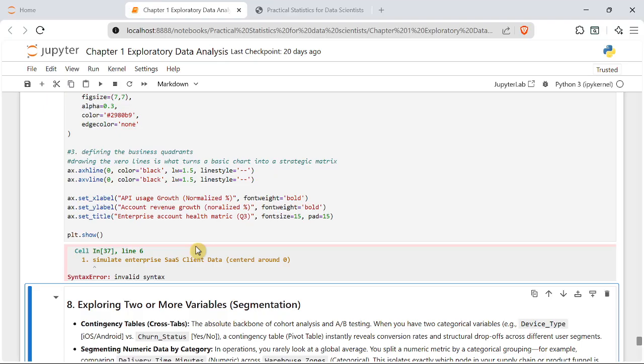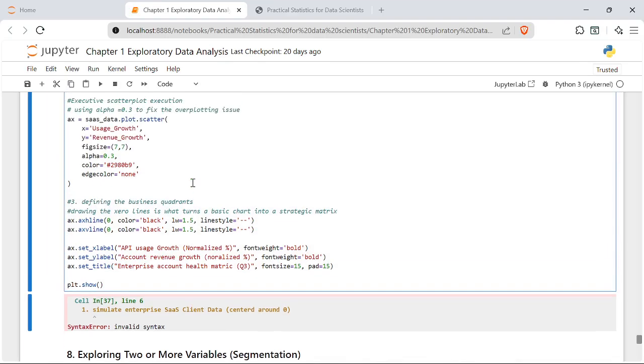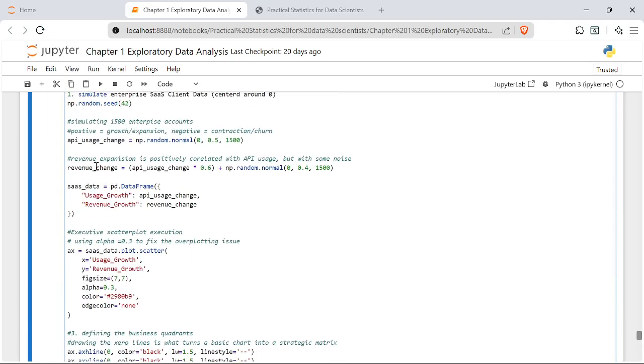Invalid syntax. Simulate enterprise sales data, line number 6.